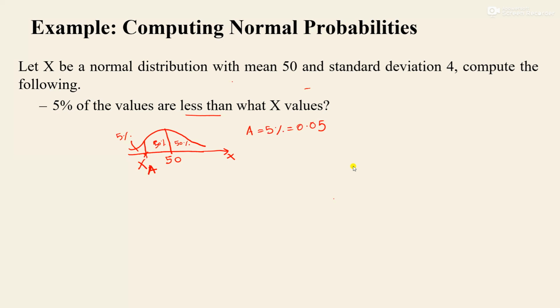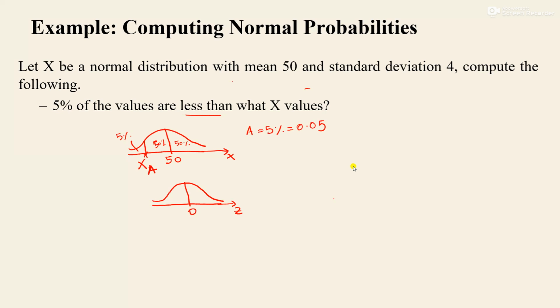The same thing we will mark in Z because we are going to use the table. So this is Z equal to 0.